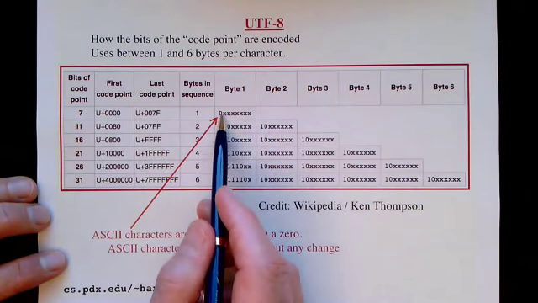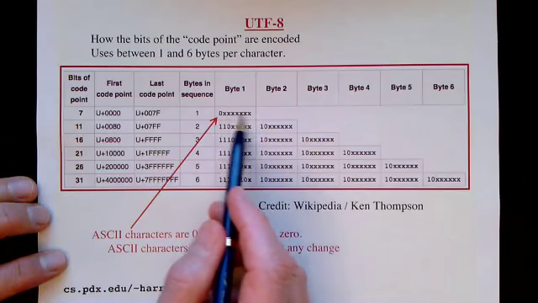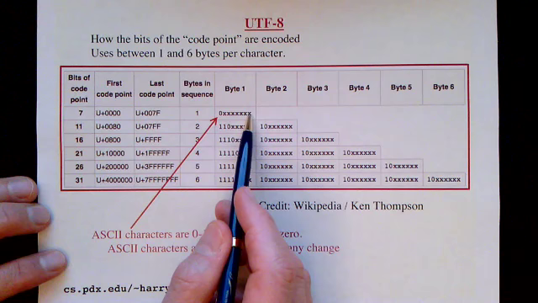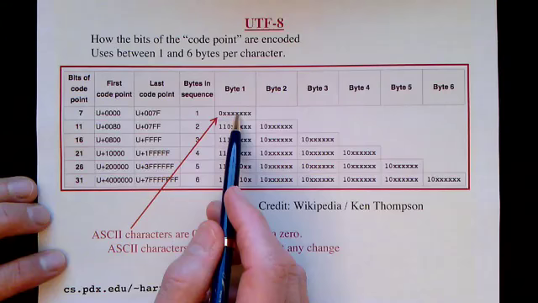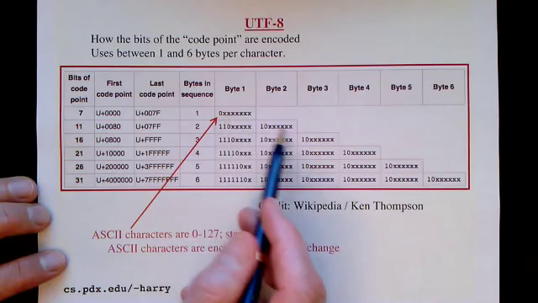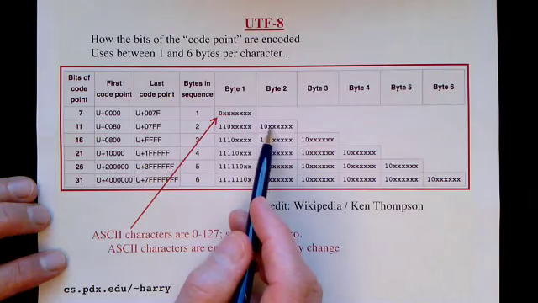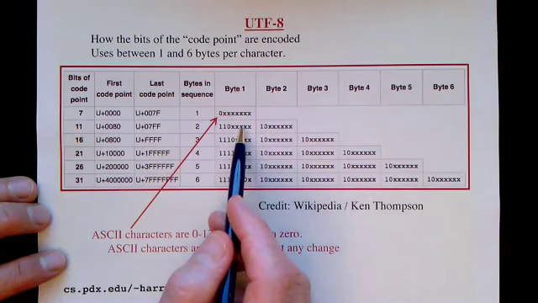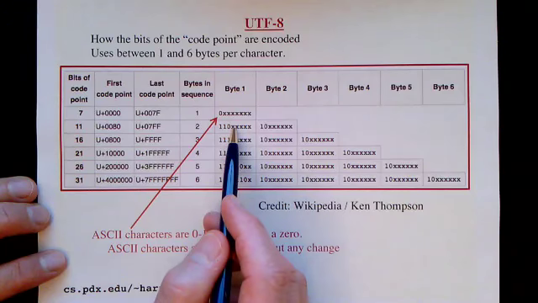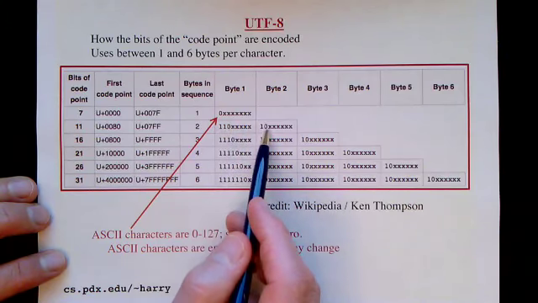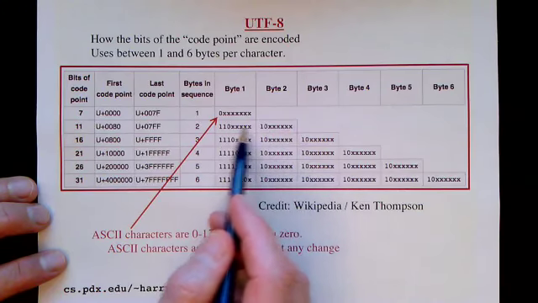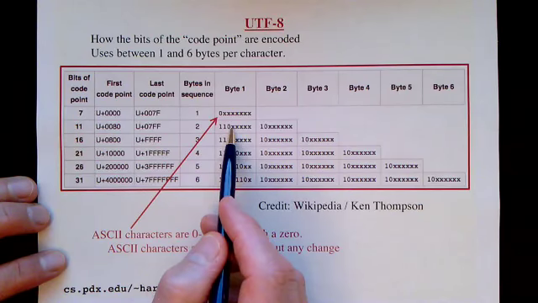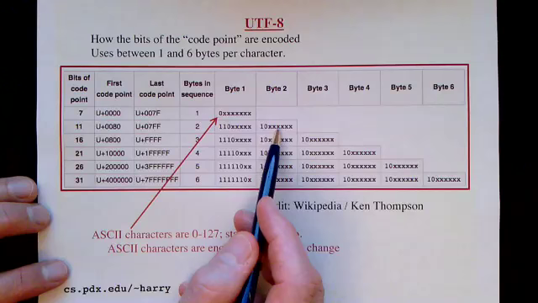So if you've only got 7 bits to encode, as an ASCII character only has 7 bits, then those 7 bits go where the X's are. On the other hand, if you've got 11 bits, you can encode it with 2 bytes. You put the 11 bits, from the least significant bit all the way up to the most significant bit, and you encode these 11 bits with 2 bytes.